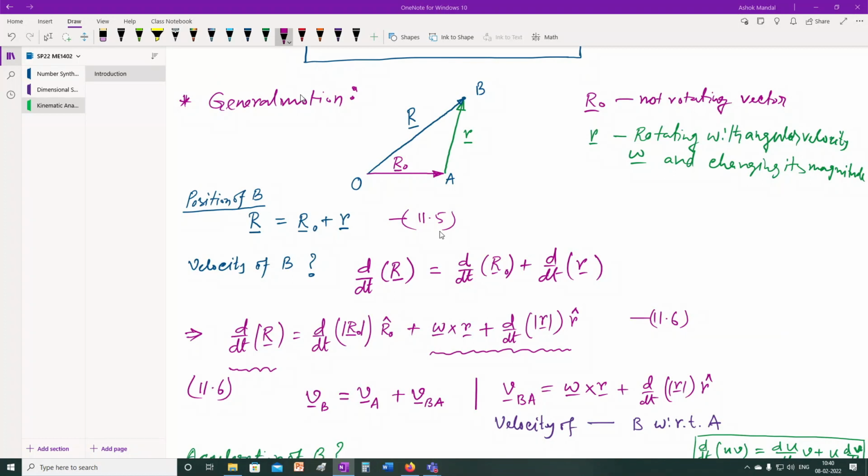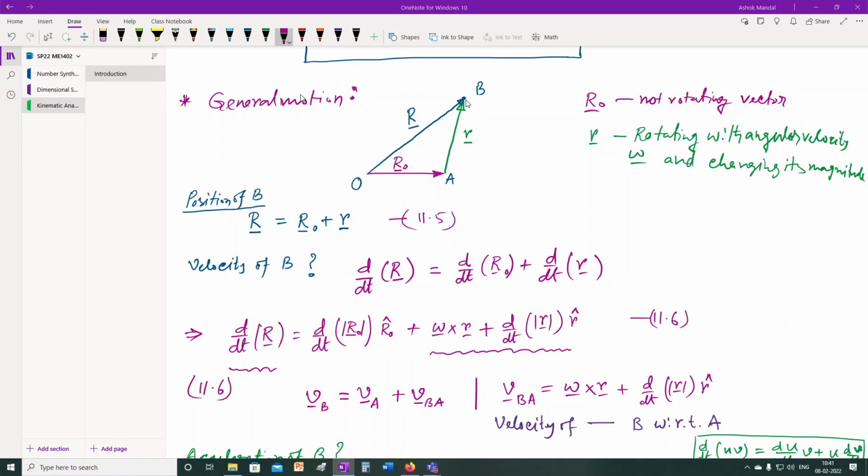Sir, to take a more general case, shouldn't we add one rotation to A also, give it an omega, so we have two rotating links? You just understand this. Suppose there is another link here which is connected to some other link, and that is also moving.